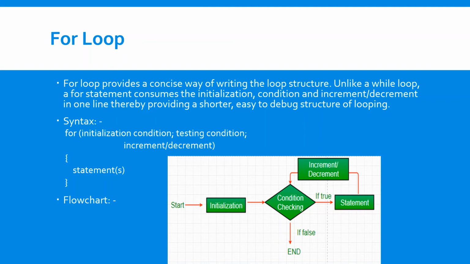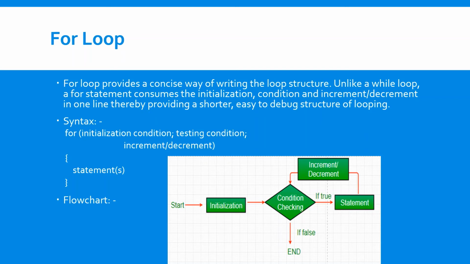It is also an entry control loop, as the condition is checked prior to the execution of the loop statement. After that, if the test condition evaluates to true, then the statements are executed.